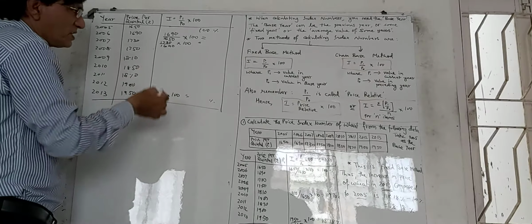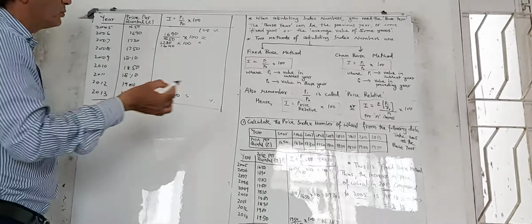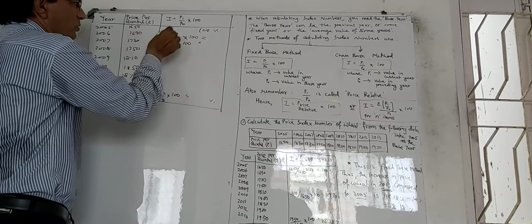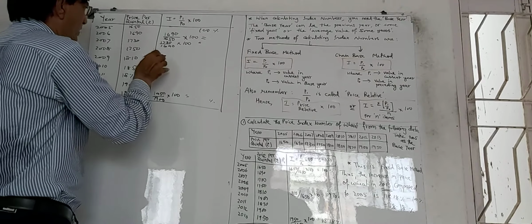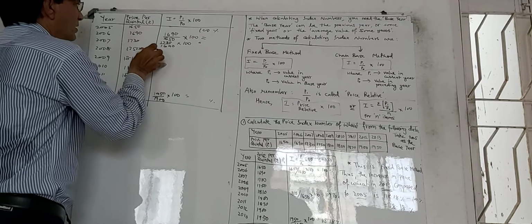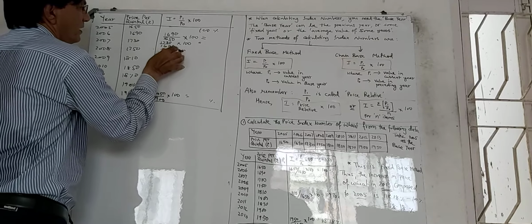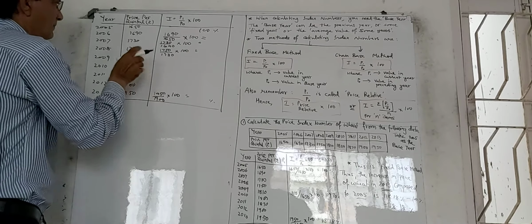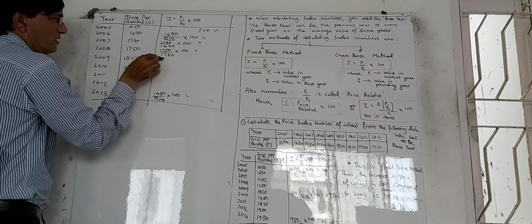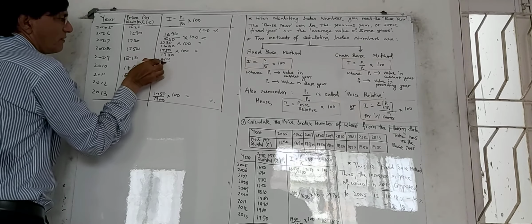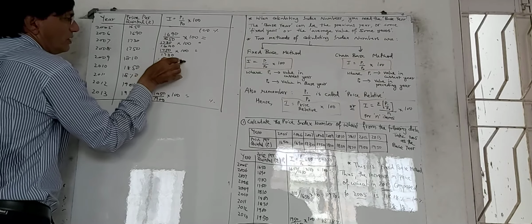Now, in each case, it's easy to calculate the percentage. You can cancel out the 0. In this case, it would be 1750 upon 1730 into 100. Then 1810 is the current year and the previous year is 1750, into 100.